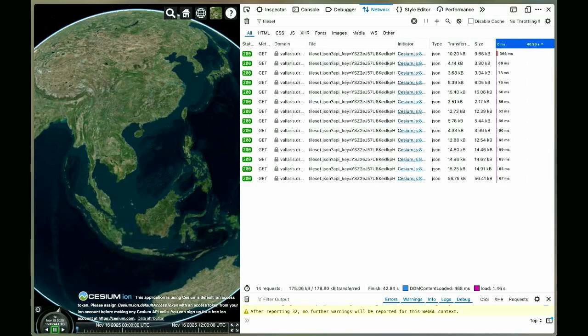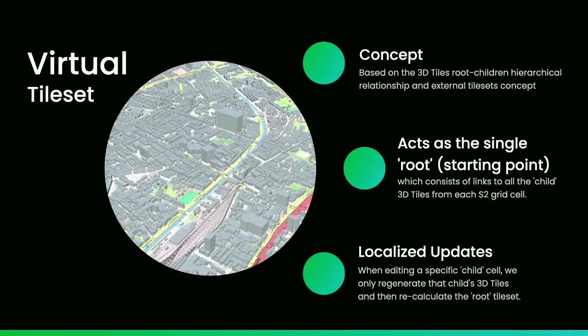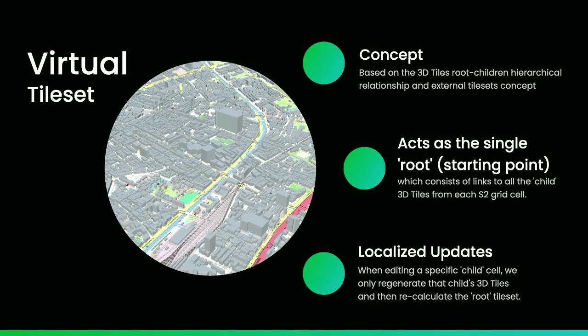So after researching the 3D Tiles specification, we came up with an adaptation, which is the virtual tileset, the keyword for this presentation. The virtual tileset concept is based on the 3D Tiles root and children hierarchical relationship and the external tileset concept.